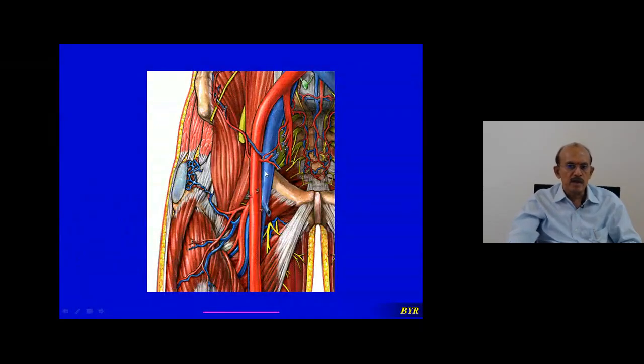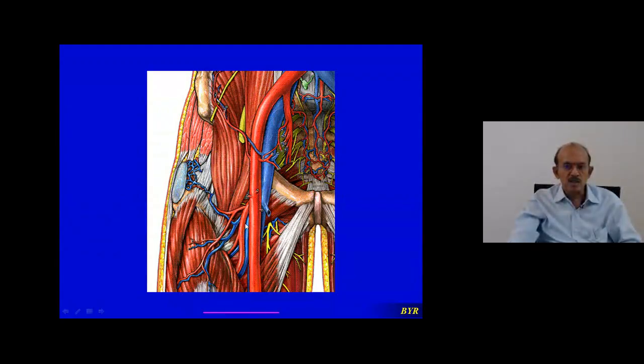This is the femoral artery and femoral vein. So here is the pectineus, and this is the adductor longus muscle. So adductor longus, pectineus, psoas major, iliacus: all these four muscles form the floor of the femoral triangle. I hope you still remember the femoral triangle.